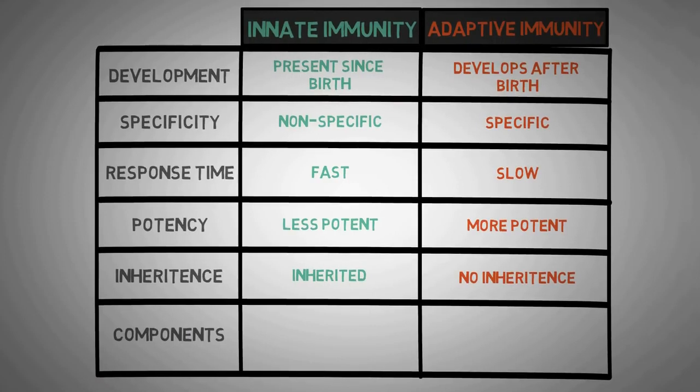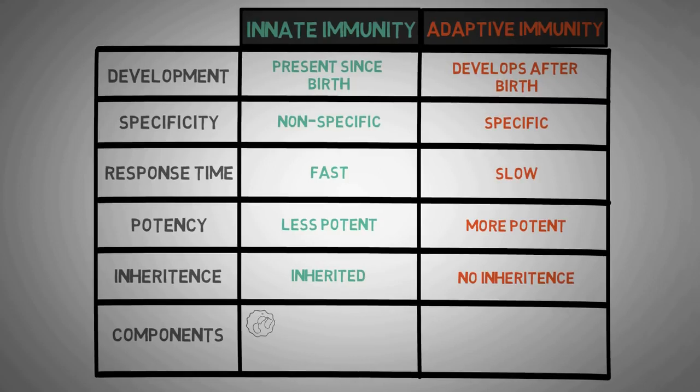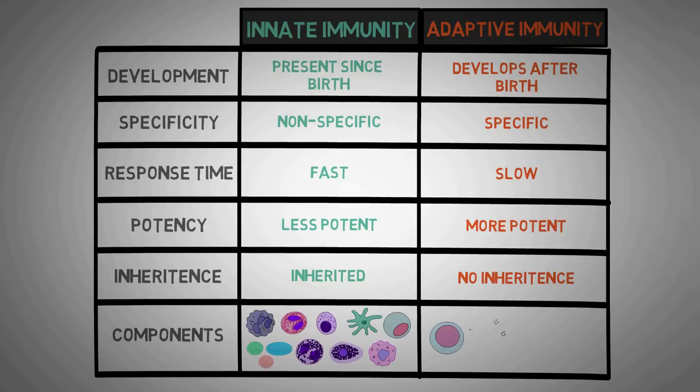If we look at the evolutionary basis, the innate immunity is older and is found in both vertebrates and invertebrates, while the adaptive immune system has been developed recently and is found only in vertebrates. The various components of the innate immune system are physical and chemical barriers, phagocytic leukocytes, dendritic cells, and natural killer cells, while the adaptive immune system is composed of T cells, B cells, and the antibodies they produce.